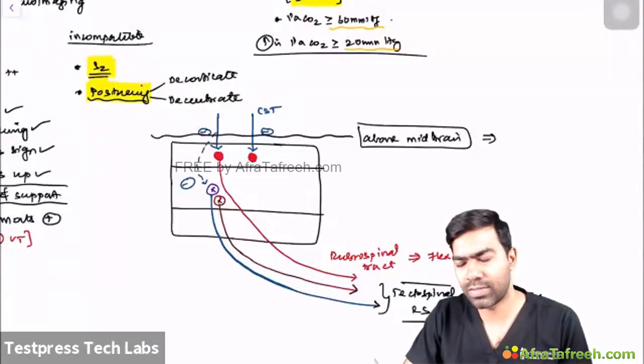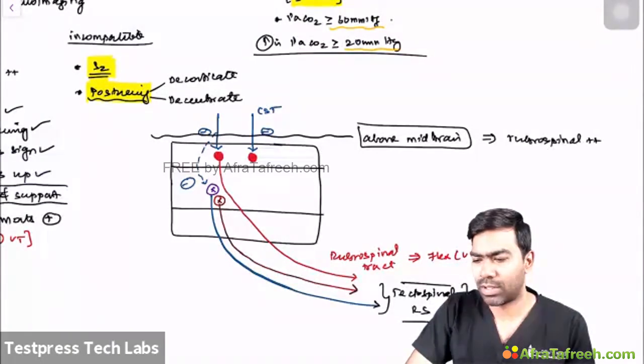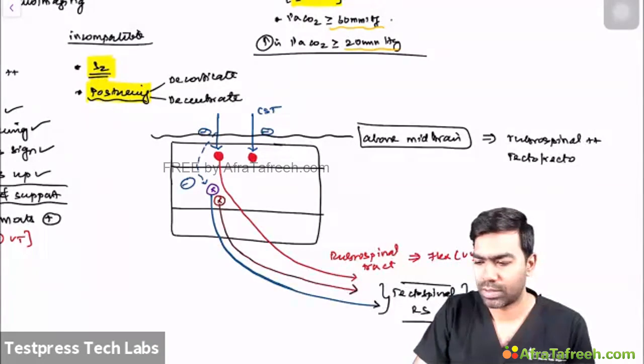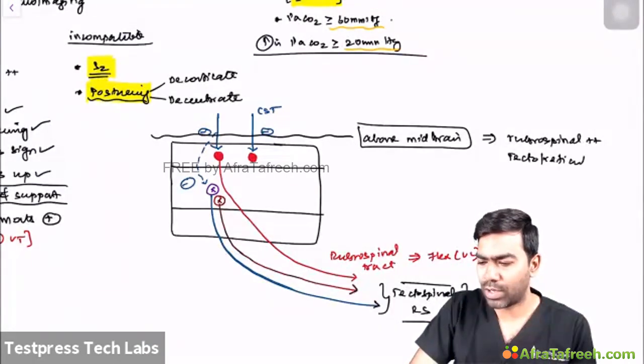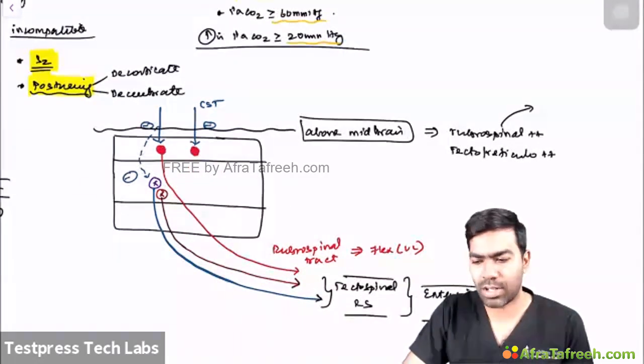Now there are two things that will happen. All these lower tracts will get released, number one. So the rubrospinal tract will become active, and your other tectospinal and reticulospinal tracts also will become active, because the corticospinal tract influence is no longer there. This rubrospinal tract, of course, we know is one of the very powerful tracts.